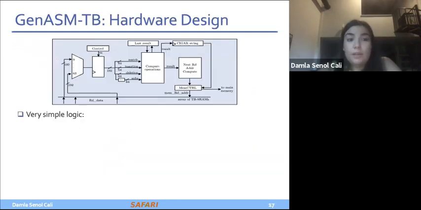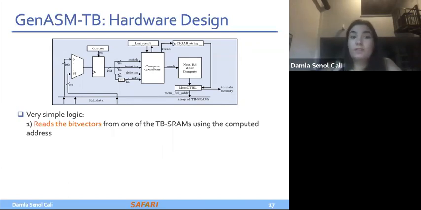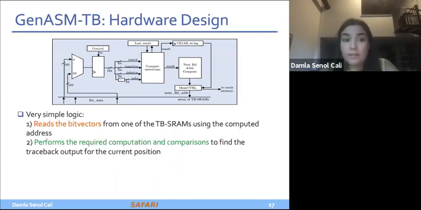And similarly, the TB hardware design is pretty simple, and it only requires three steps. The first is reading the bit vectors from one of the TB SRAMs using the computed address. And then it performs very basic, simple bitwise operations for computation and comparison.